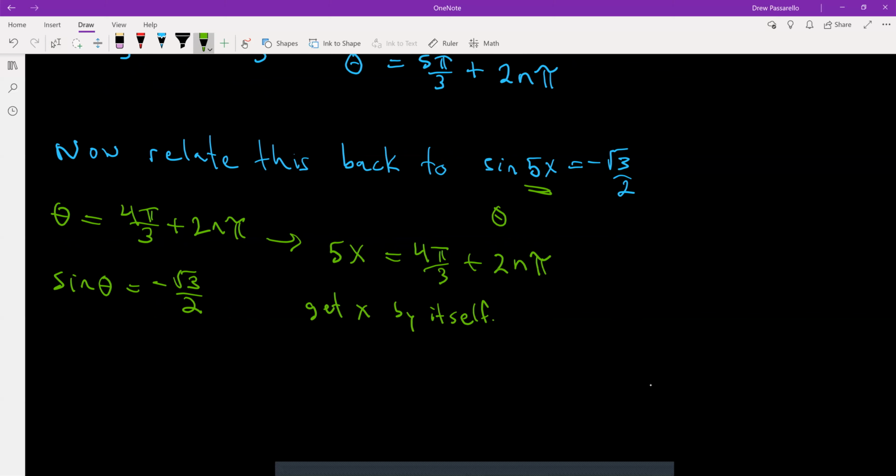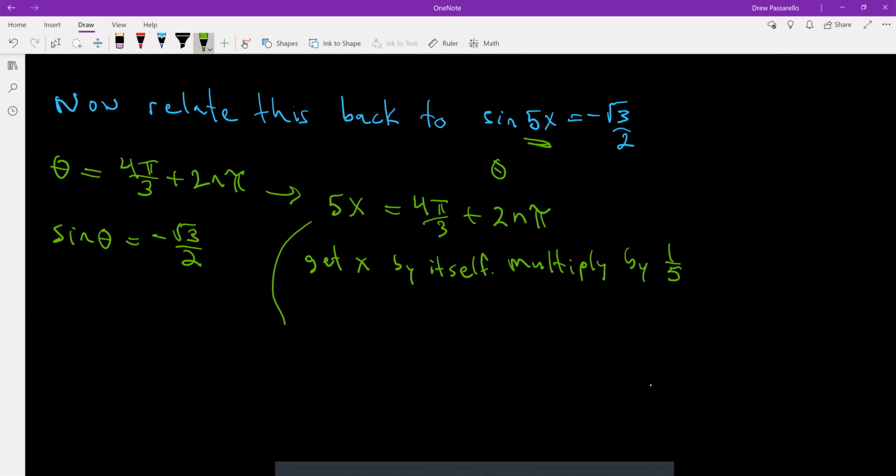Multiply both sides by 1/5. So when you multiply both sides by 1/5, you get x equal to 4 pi over 3 times 1/5, which gives me 4 pi over 15, because you do 3 times 5 in the denominator. And then 1/5 times 2n pi gives 2n pi over 5.